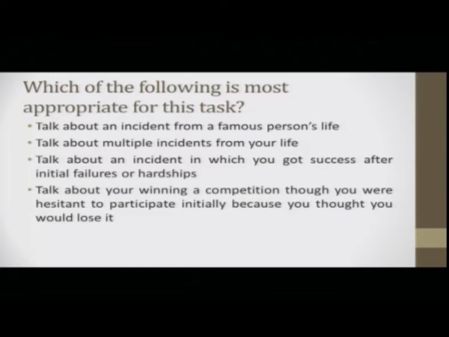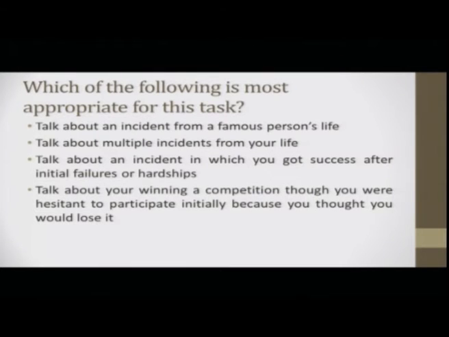There are 4 options. Talk about an incident from a famous person's life. Talk about multiple incidents from your life. Talk about an incident in which you got success after initial failures or hardships.